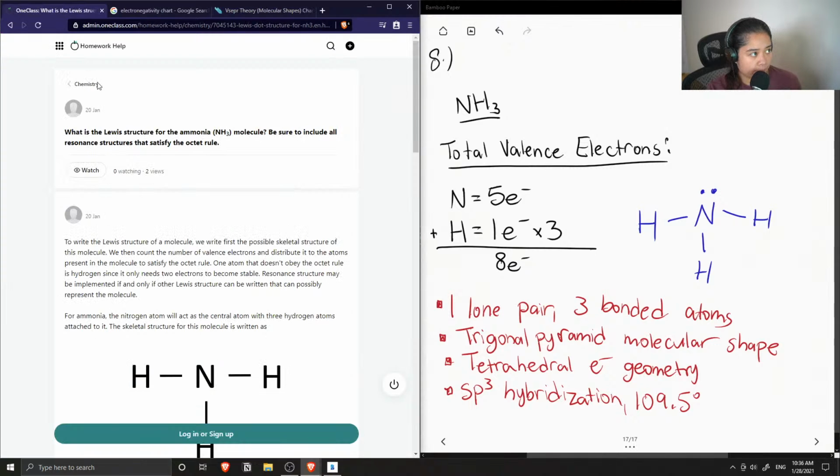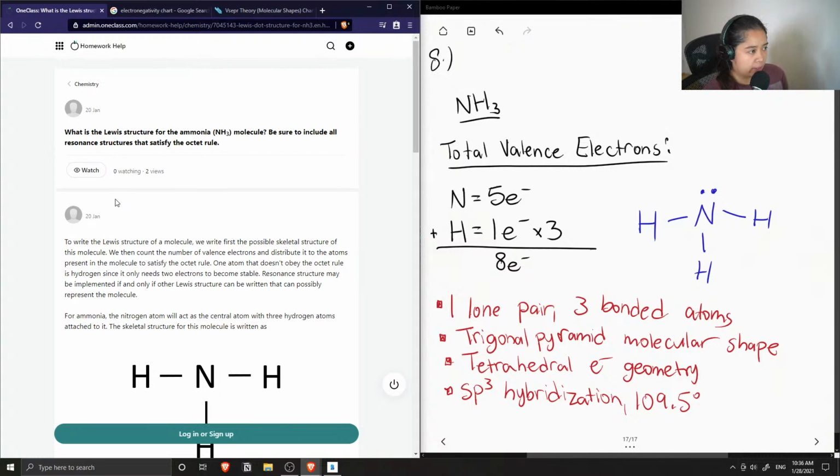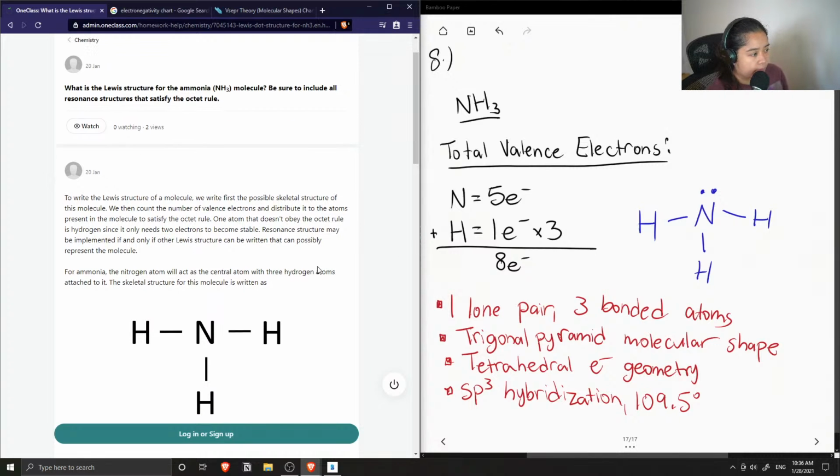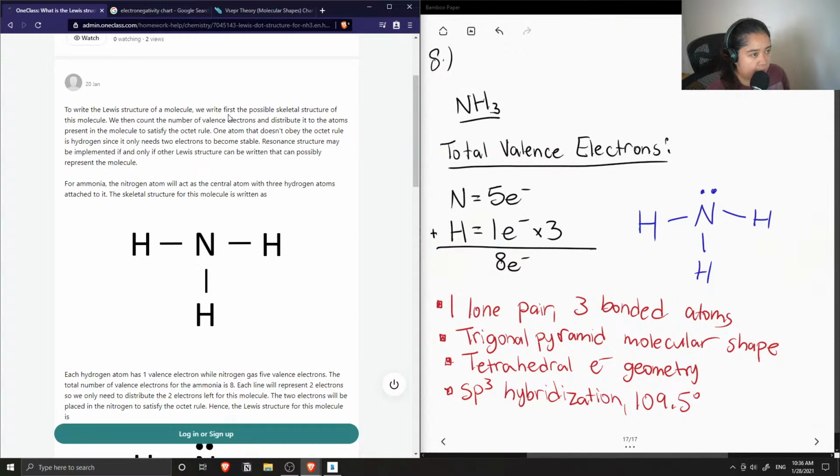Okay, so the junior tutor said, we weren't able to include any resonance structure since it was not applicable for this molecule. To write the Lewis structure, first find the possible skeletal structure.